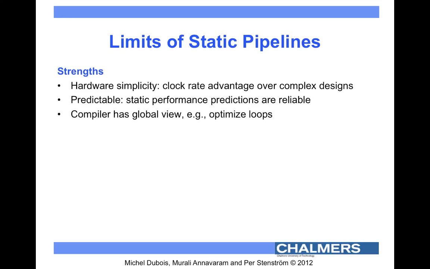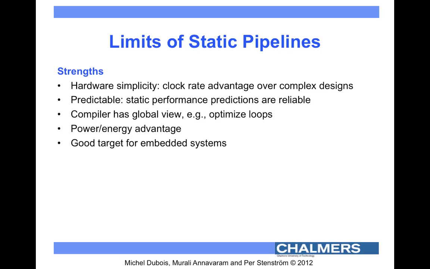And the compiler has a global view, which is an advantage, so we can optimize loops, as we have seen with loop unrolling and software pipelining. There are power and energy advantages, since we can go for a very simple pipeline. There's a potential for being more power and energy efficient, and it's a good target for embedded systems.